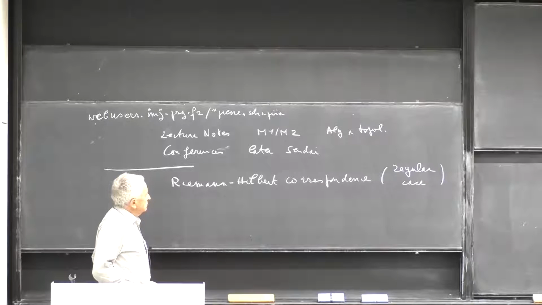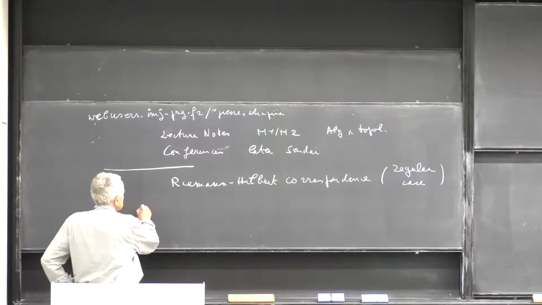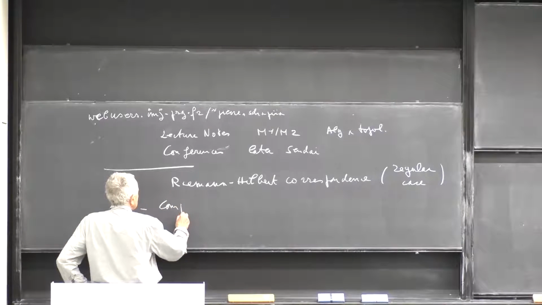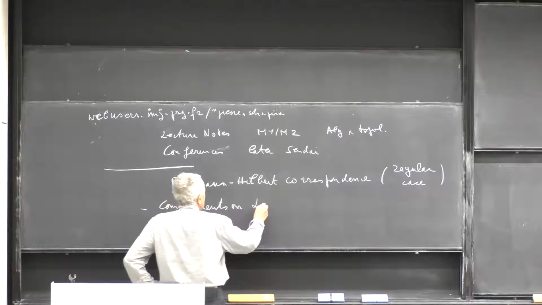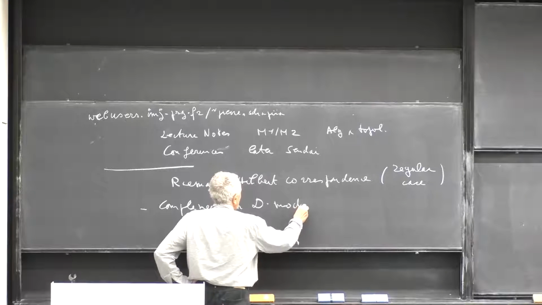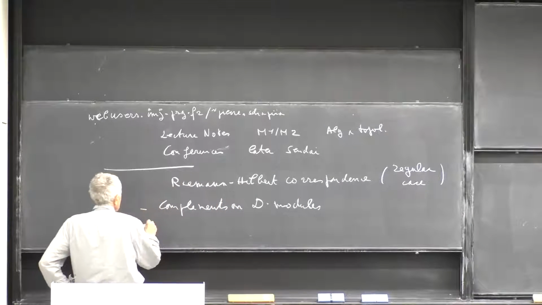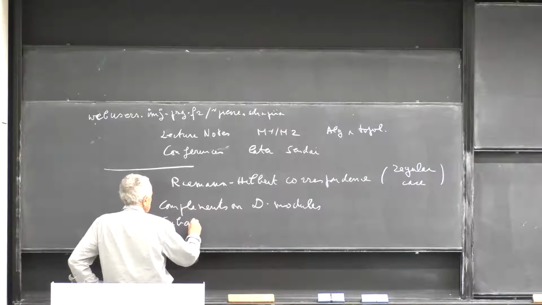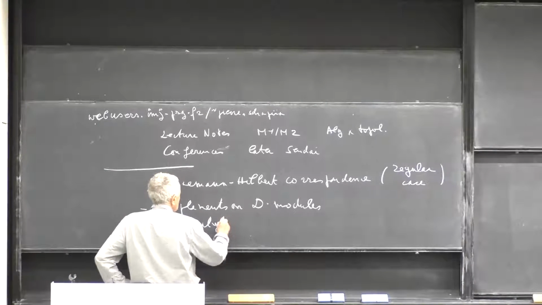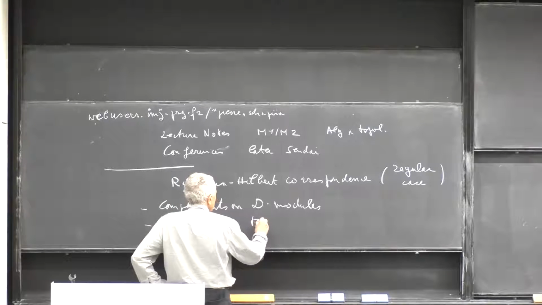In my talk, first, I need some complements on D modules. There are 3 parts, more or less. And I introduce something which is interesting in itself, the subanalytic topology.